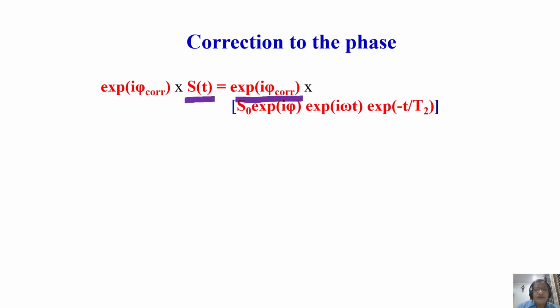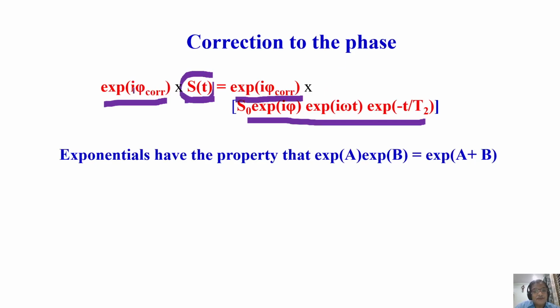In the main signal which we collected, S(t), this was there. Now I multiply this time domain signal by another corrective function, which is also exponential. Now I can correct the phase such that we get a pure absorptive spectrum in the real part for the entire region of the spectrum.